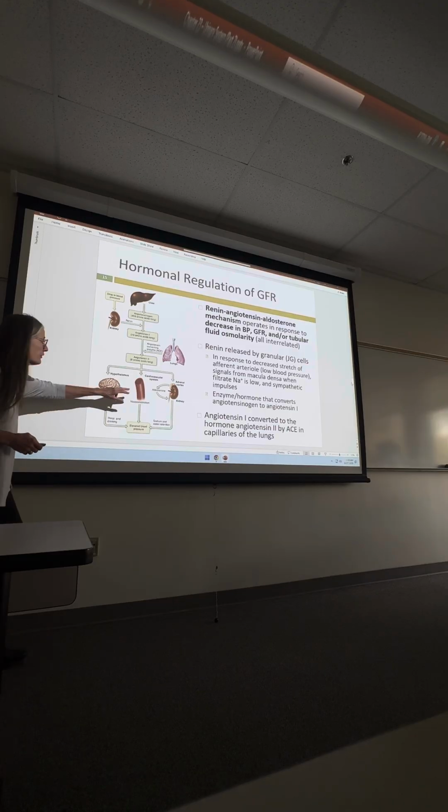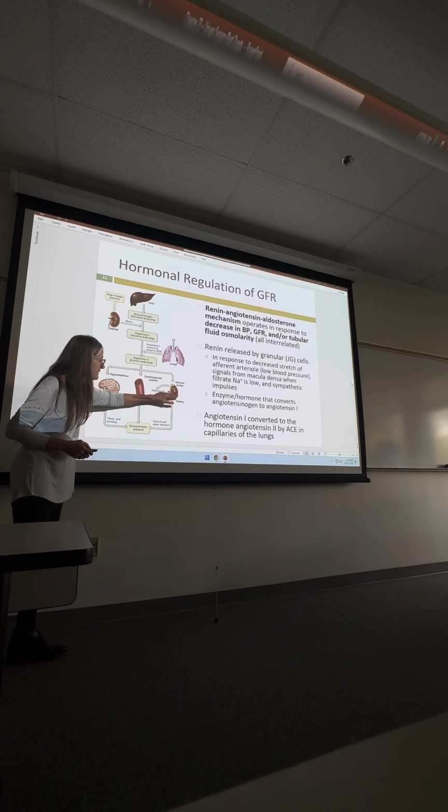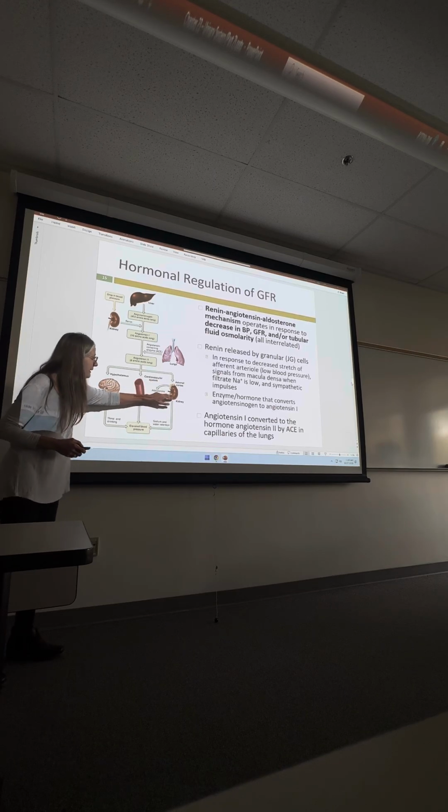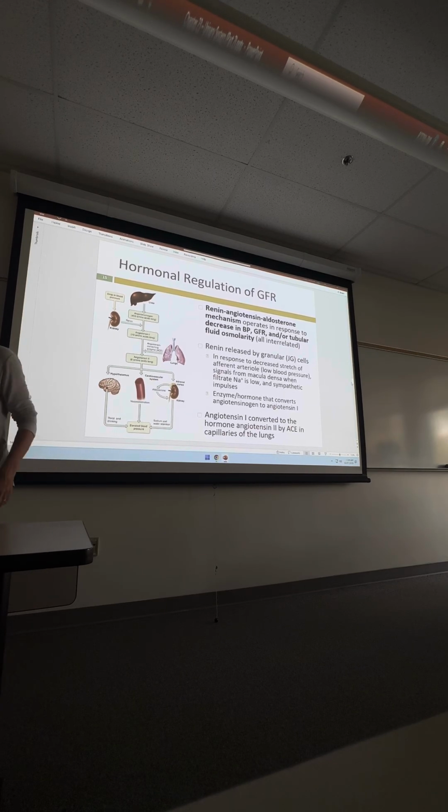So aldosterone is produced in the adrenal cortex via the zona glomerulosa. Aldosterone hits the kidneys, and in the ascending limb, aldosterone influences the ascending limb cells to actively transport sodium and then chloride and potassium from the tubular fluid back into the blood.